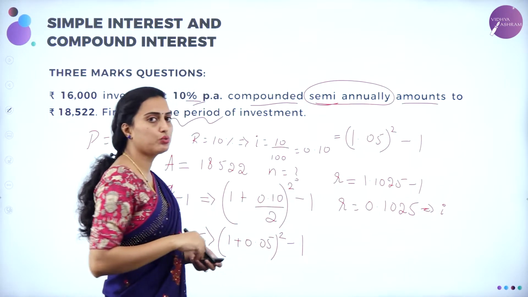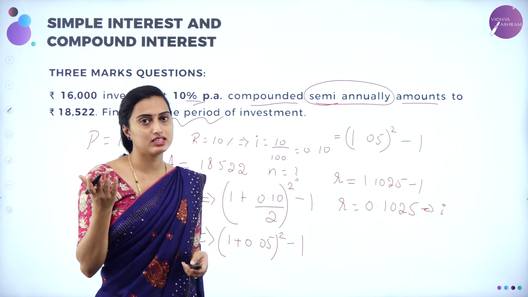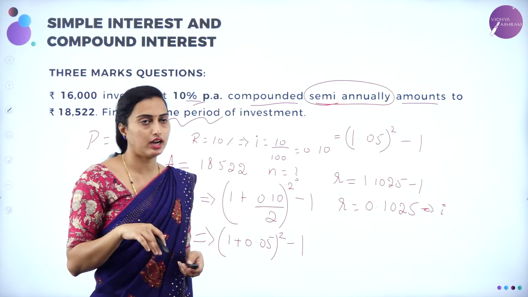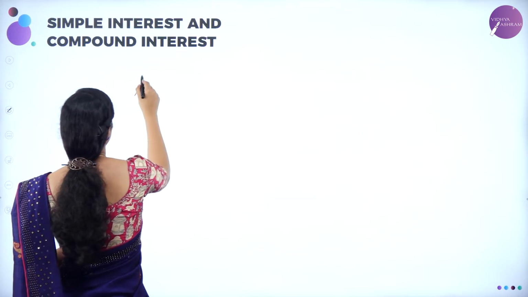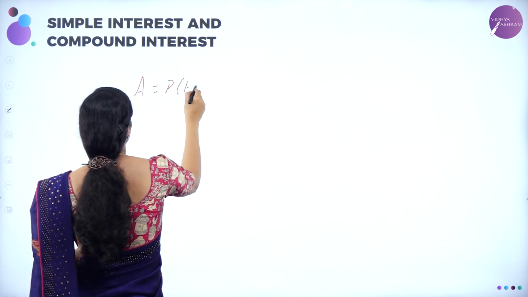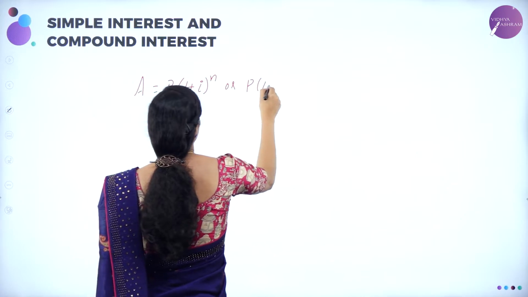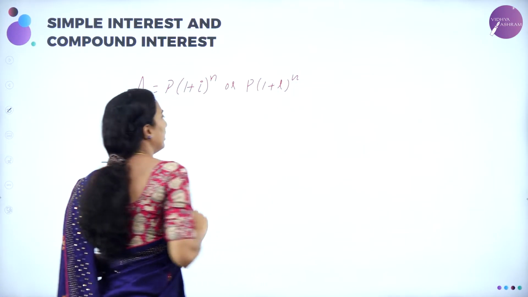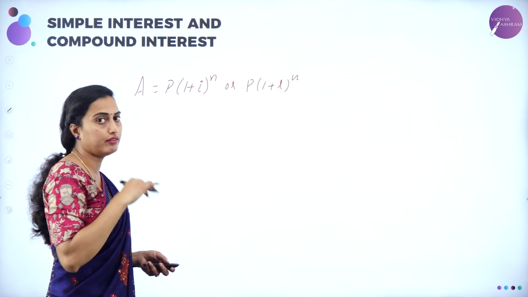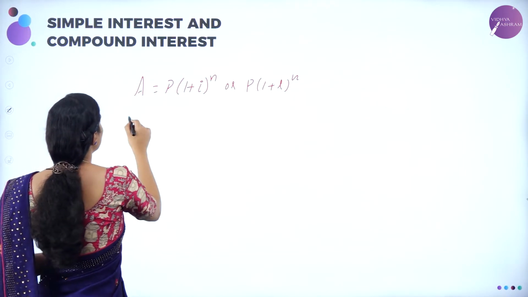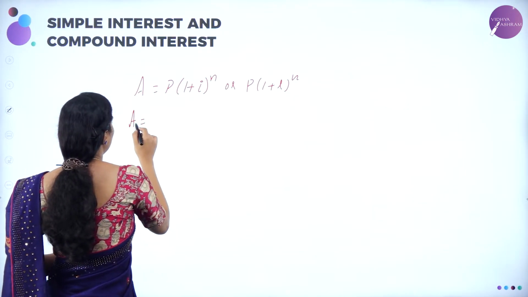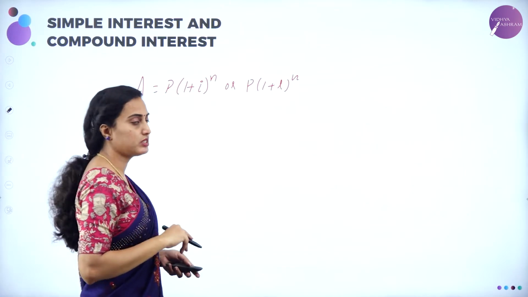Now by using this R, which is equal to I, we are going to calculate next. A is equal to P into 1 plus I whole to the power of N, or P into 1 plus R whole to the power of N. Both are the same here, R divided by 100 you are going to have. So A is equal to P into, let me calculate by substituting.